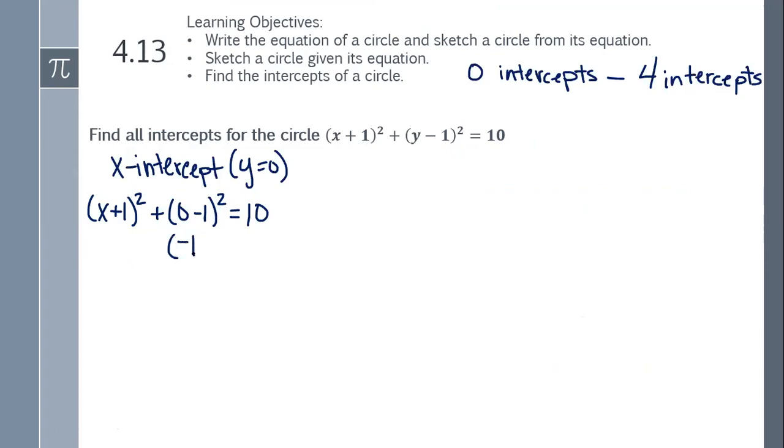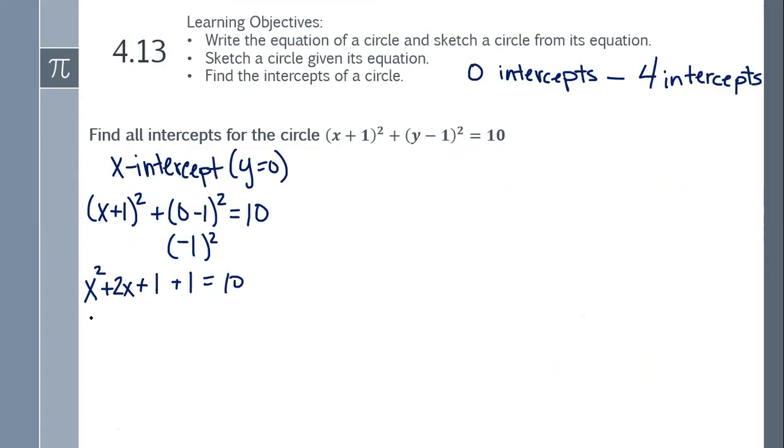So this is negative 1 squared, which is 1. This I would have to FOIL, again going back to pre-algebra algebra. x squared plus 2x plus 1, plus 1 equals 10.